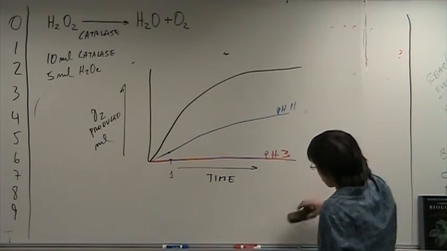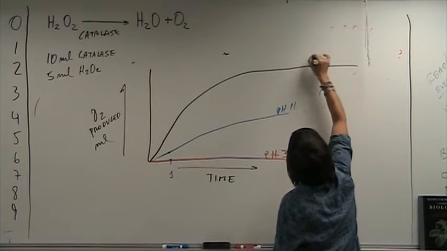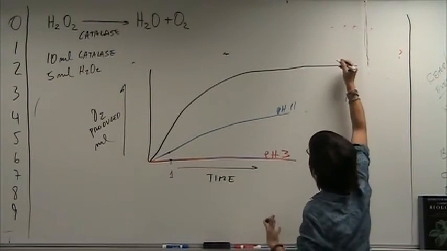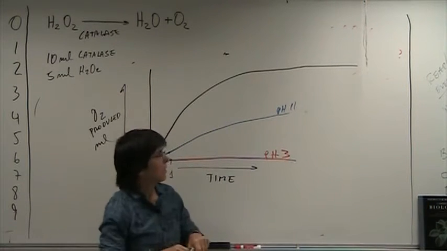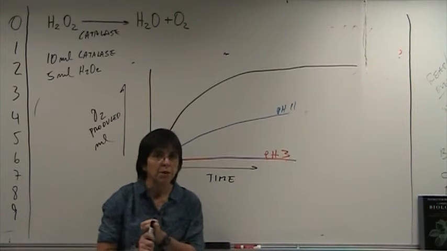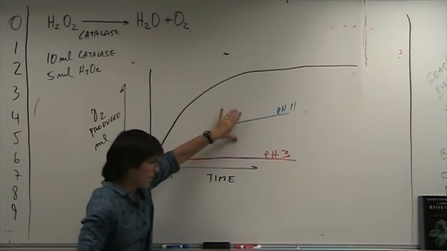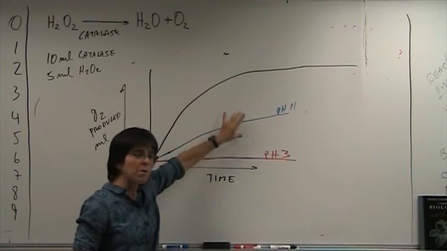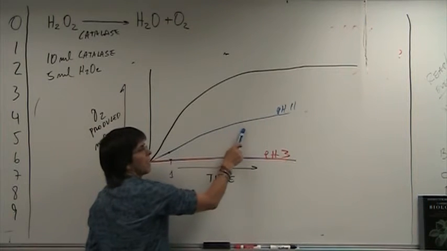Now, for those people that got the flat line at the end, so that all the hydrogen peroxide was consumed, if you notice, and this is true for pH, for temperature, and for enzyme concentration, under the less optimum conditions, the progression curves, you are producing much less oxygen.